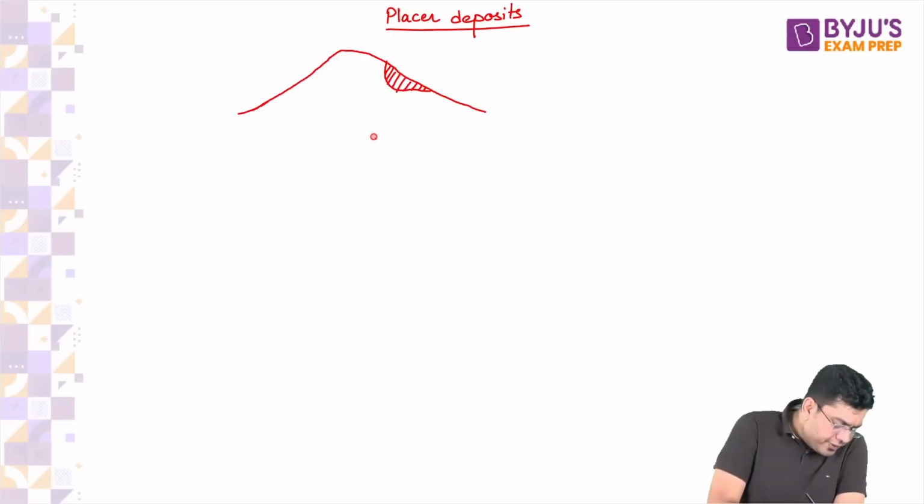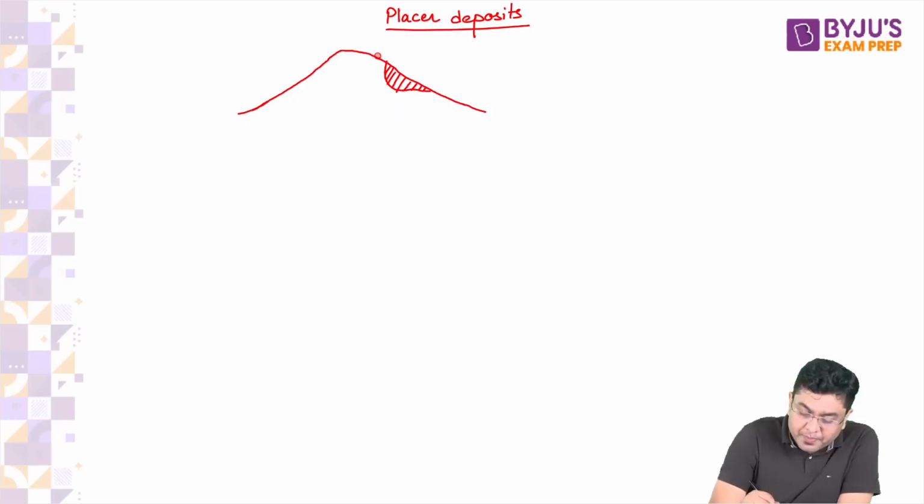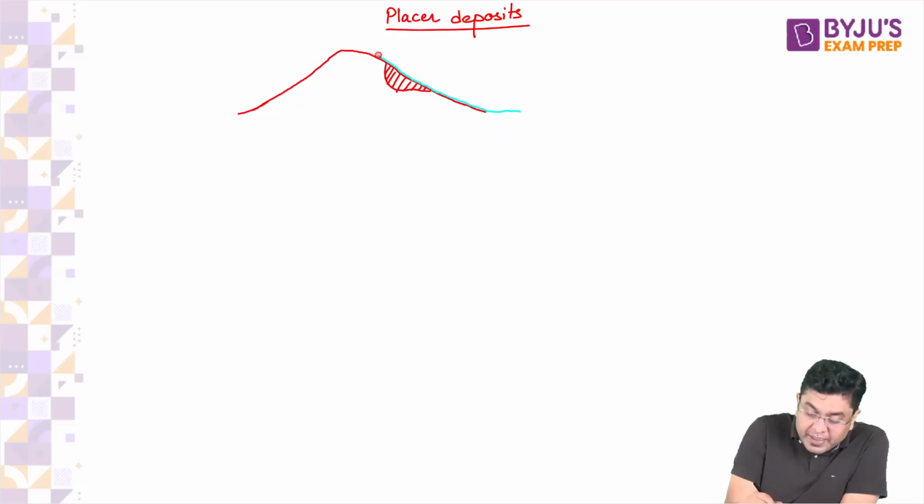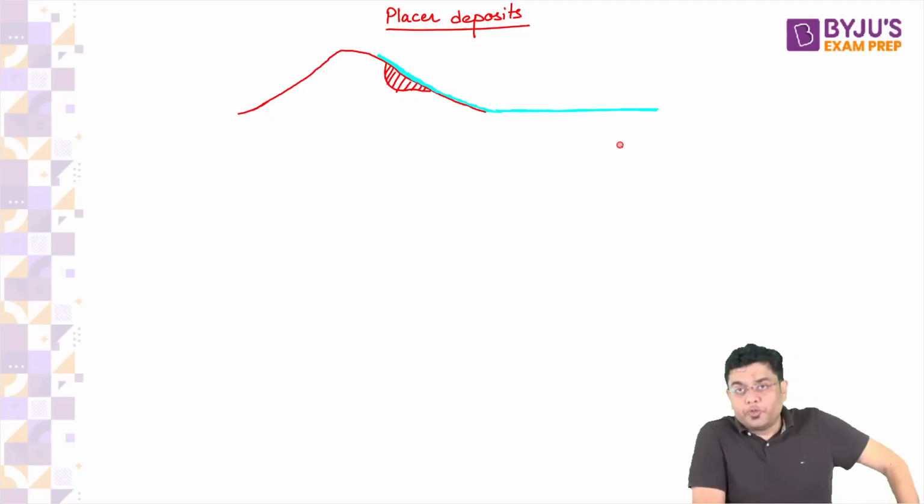Now, if a river flows through this particular region, let's assume a river is flowing through the slope, that river will carry a significant amount of these particles, isn't it? As long as the river has a certain amount of speed, it will be able to carry those particles.